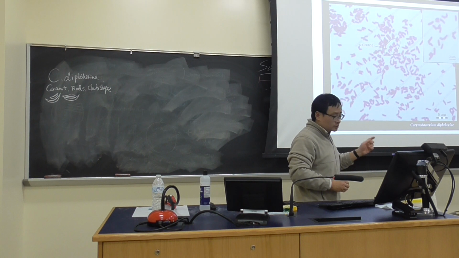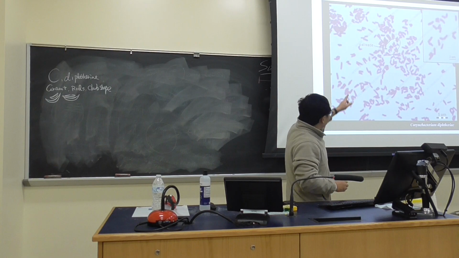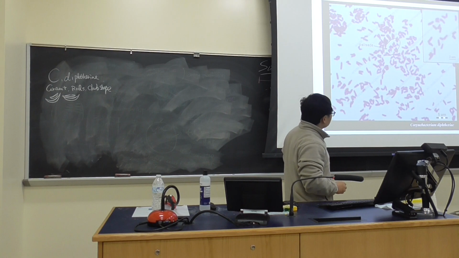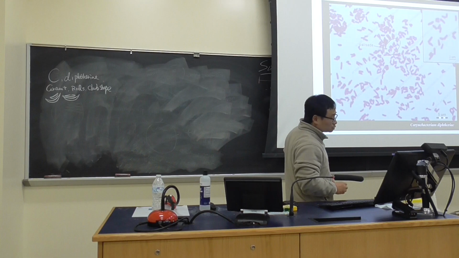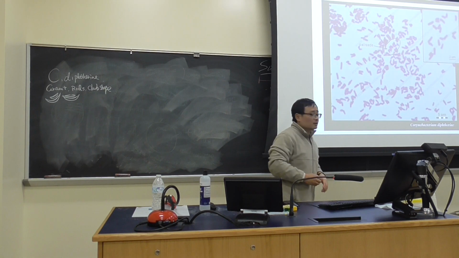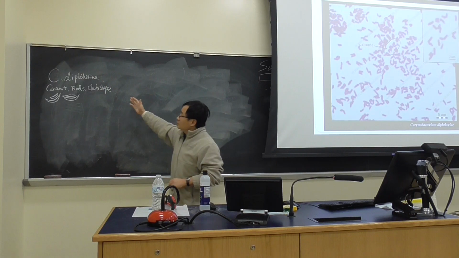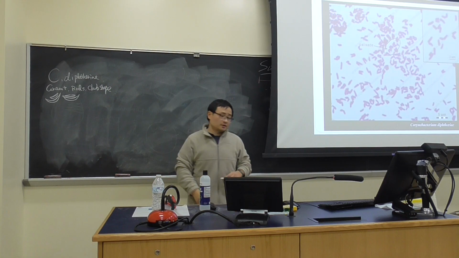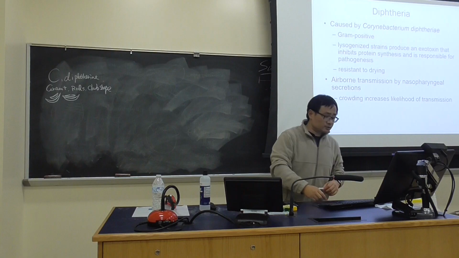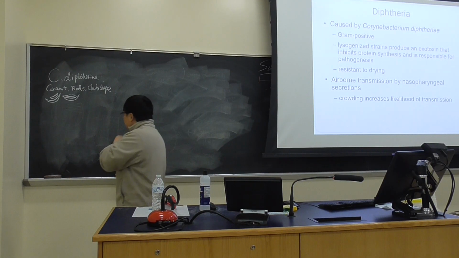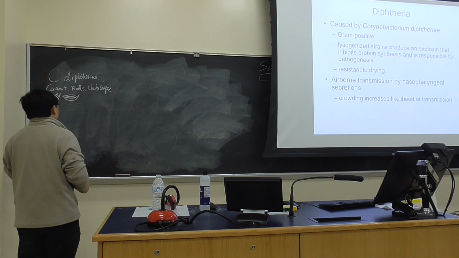And usually inside, you can see very clearly, sometimes there are dots there. The dots we call inclusions, which are for storage of phosphate. But the key thing here is Corynebacterium diphtheriae will obviously cause diphtheria.